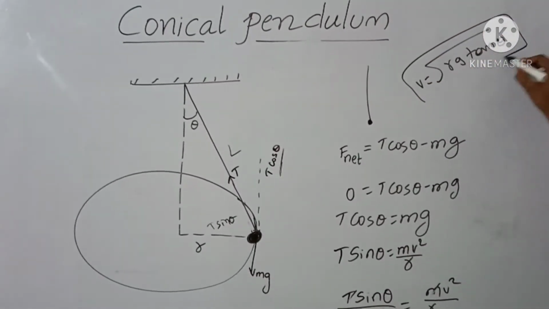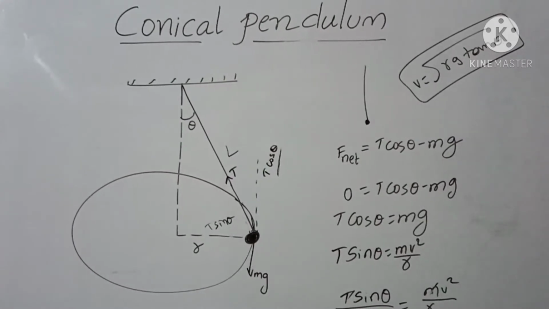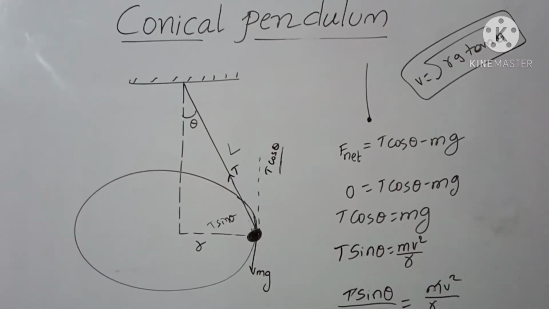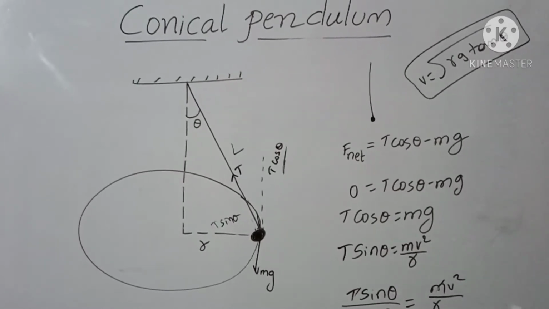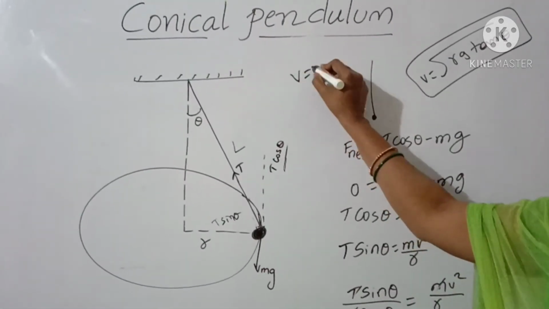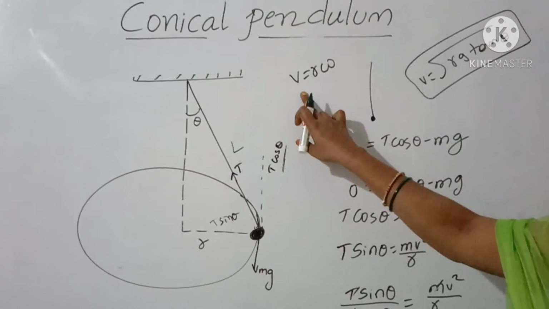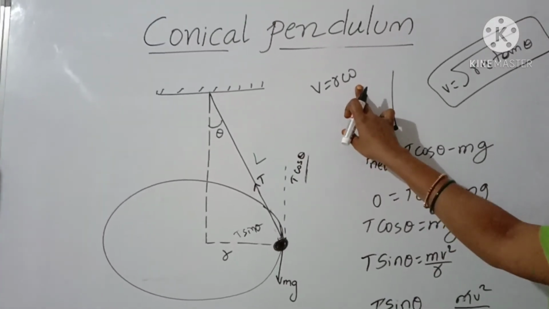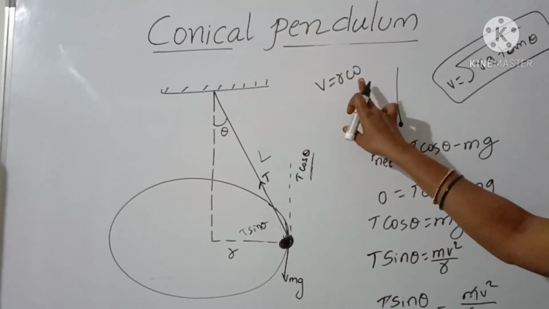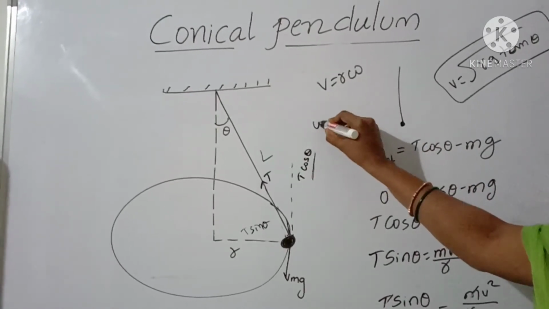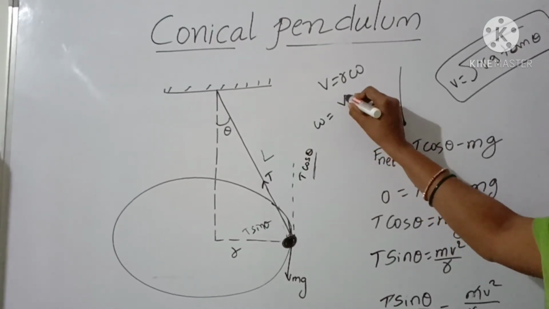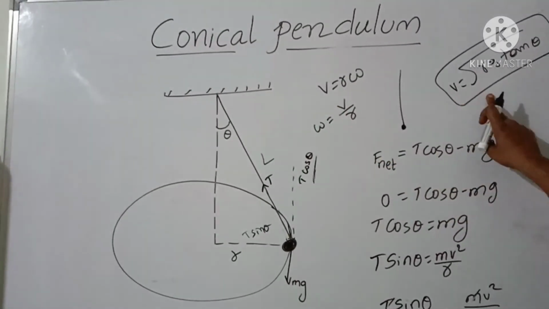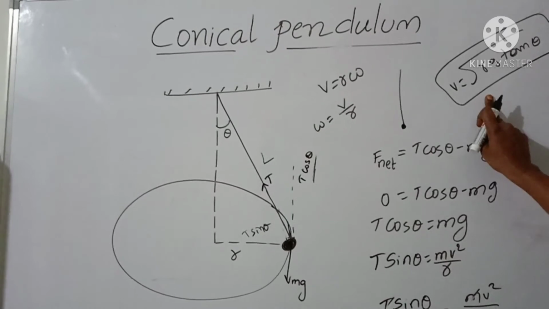Next, we want to find the angular speed. What is the formula for angular speed? You know the formula v equals r omega: linear speed equals r into omega. This is the relation between linear speed and angular speed. From this equation we can write omega equals v by r. Already you know v is root of rg tan theta.